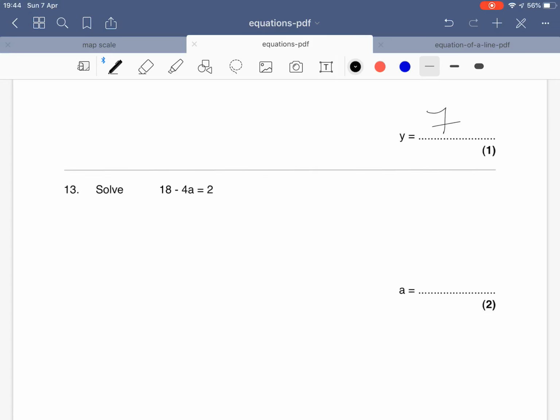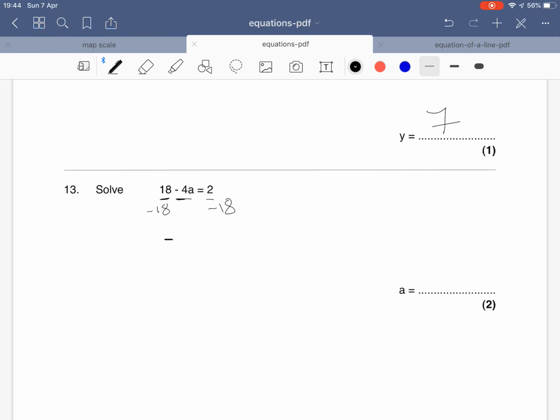Okay, next one. We've got 18 subtract 4a equals 2. So normally I would get rid of the thing first that's not attached to my 4. So we can do that if you want to, but you be careful because you're still left with the minus 4a. So if I get rid of the 18, I'm going to take away 18.